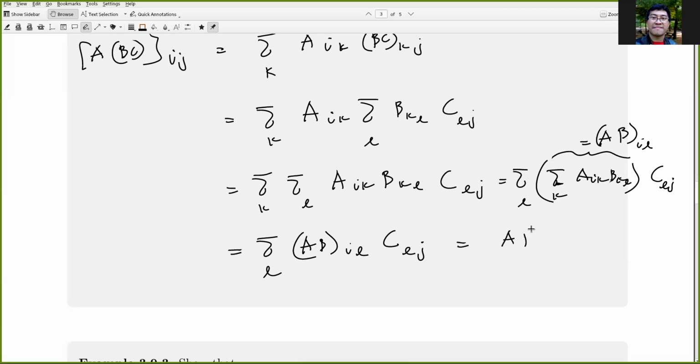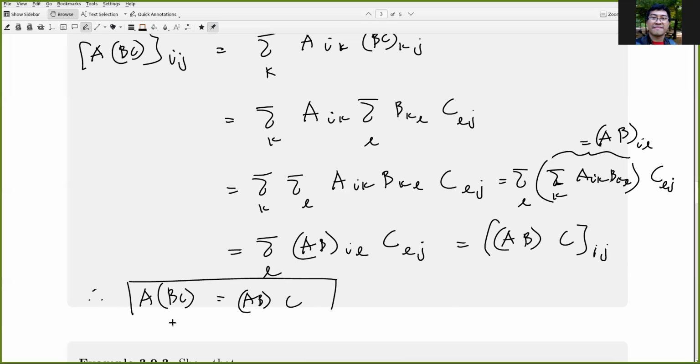That would be AB times C, the matrix element ij. Or (ABC)_ij. So A times BC equals AB times C.